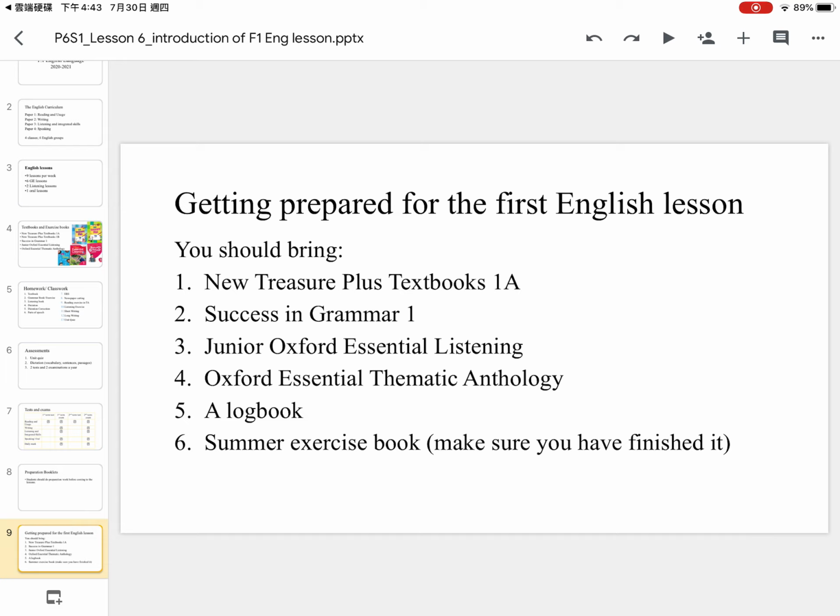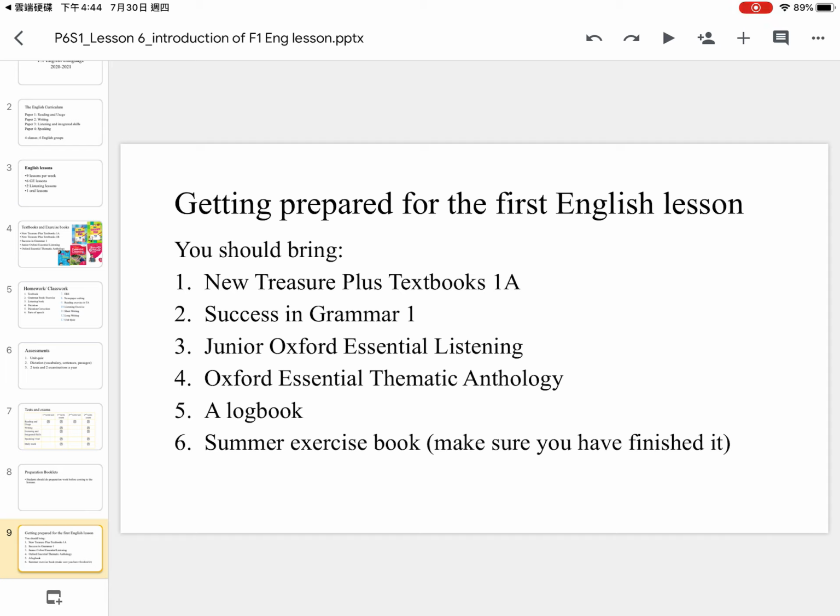So in order to prepare for the first English lessons, make sure that you have bought or brought these few things. In the first English lesson, make sure that you bring your textbook 1A. And what about textbook 1B? I just told you. For textbook 1B, you just leave it at home because we will need it in the second term only.